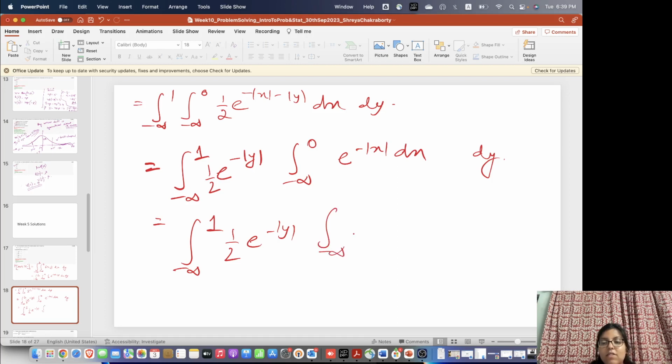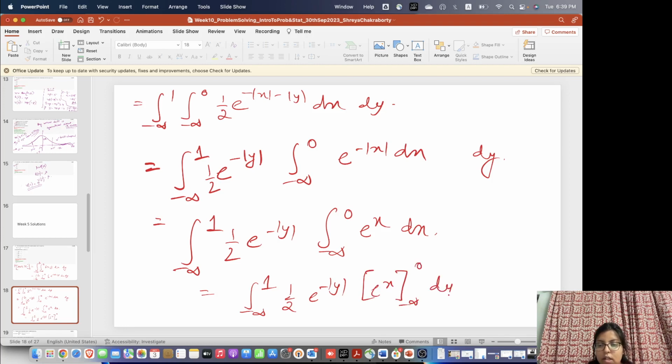So we would have minus infinity to 0 e to the power x dx. This would be minus infinity to 1 half e to the power minus mod y, times e to the power x from minus infinity to 0, dy.